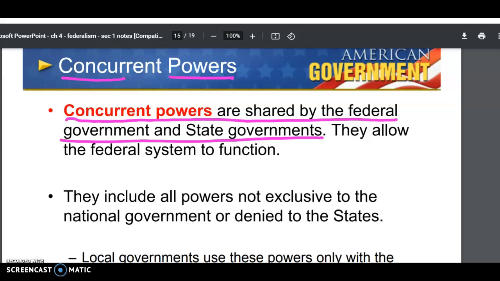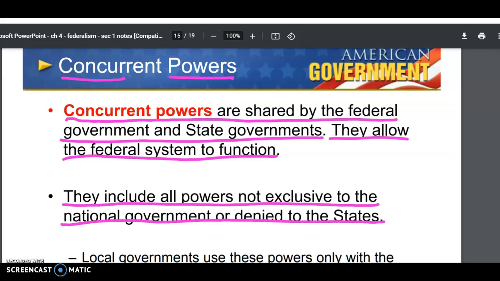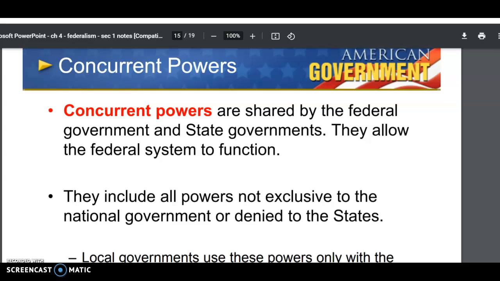So by having concurrent powers, it allows the system we use, the federal system, to function. They include all powers not exclusive to the national government or denied to the states. So anything that's not in those two categories is considered a concurrent power.